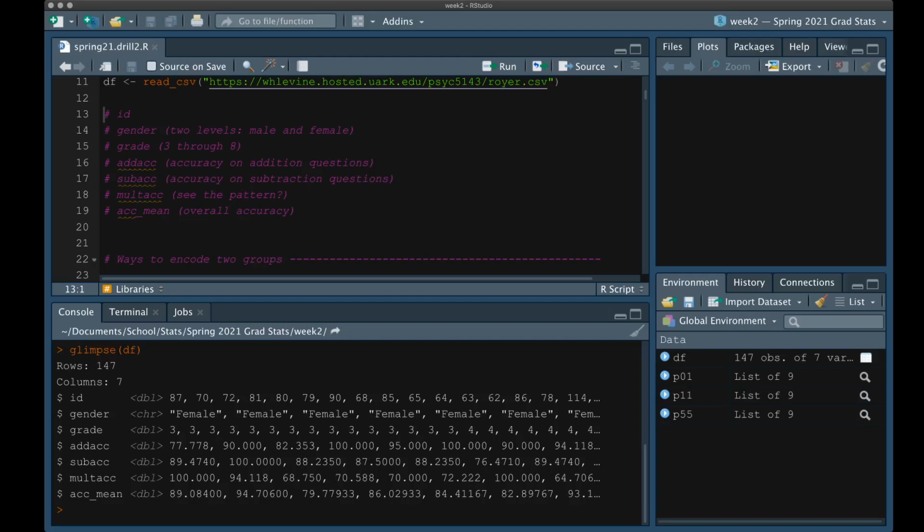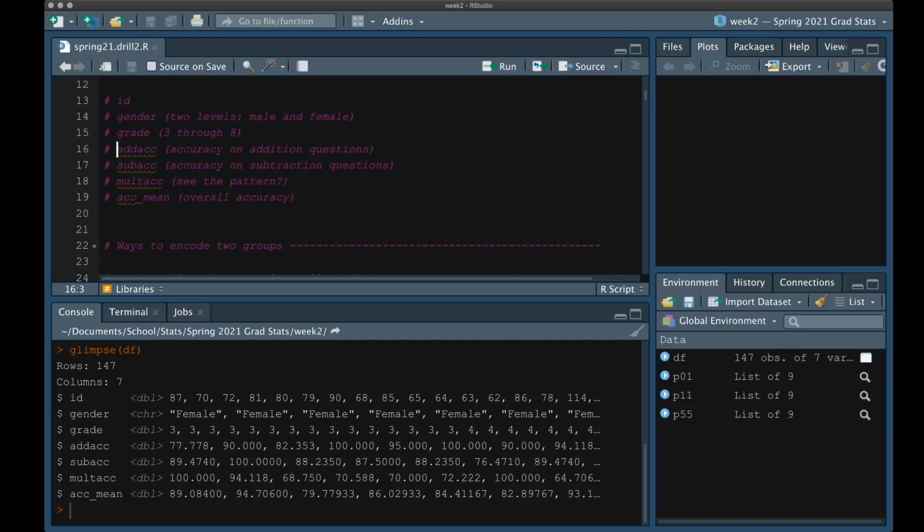And then the ACC mean is the overall accuracy. So if you just average across all three of those different tasks, overall, how accurate were they? So basically, our ACC mean, our dependent variable in this data set, is essentially a measure of some form of math abilities, you might call it.